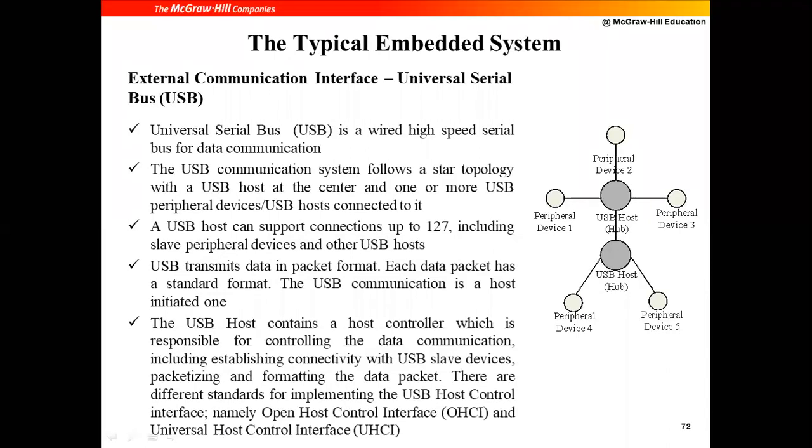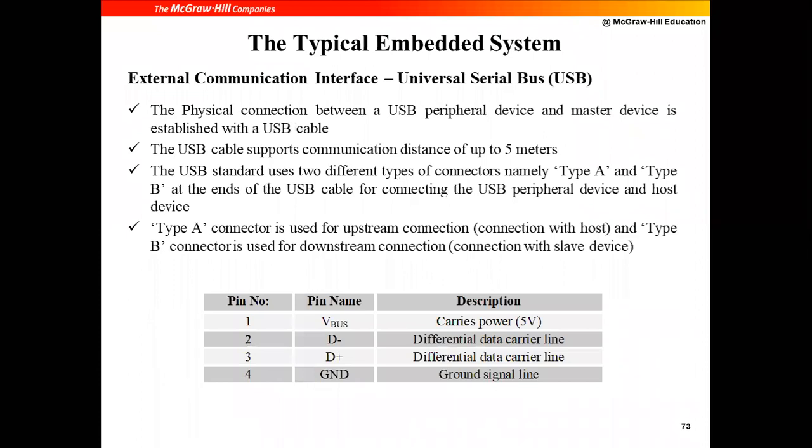Getting into the hardware section, the pin configuration of a USB device: if you check any USB connector, there will be 4 pins, pin number 1 to pin number 4.